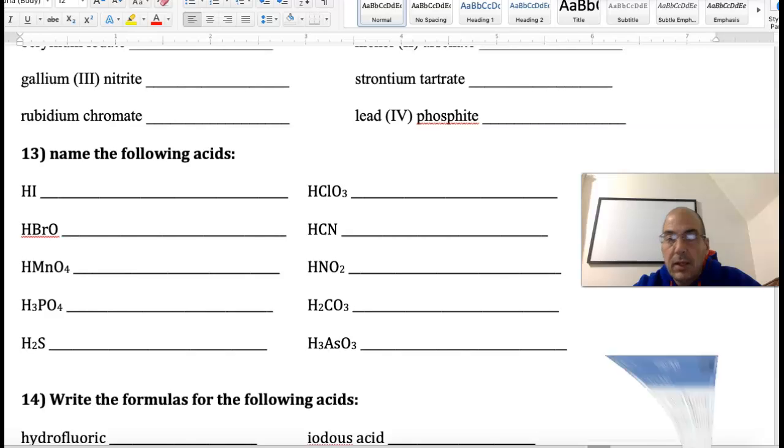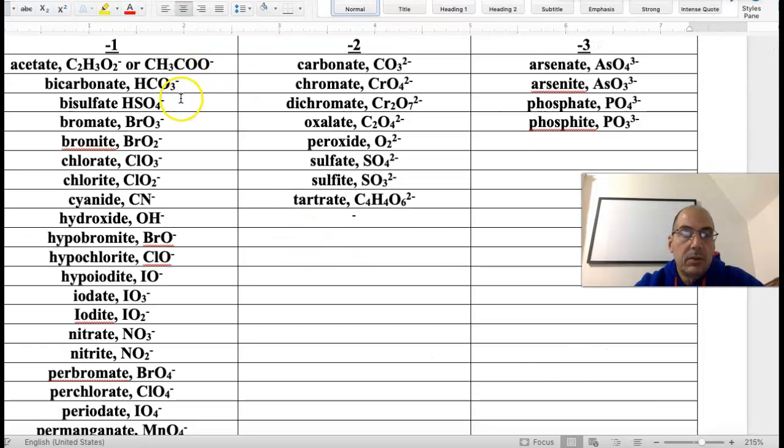So let's look at anions again. Notice that anions all end in either ATE, ITE, or IDE. That even includes the monatomic ions, like chloride, bromide, sulfide, phosphide, nitride. Monatomic anions end in "ide". Polyatomics mostly end with "ate" and "ite", and we have two "ides".